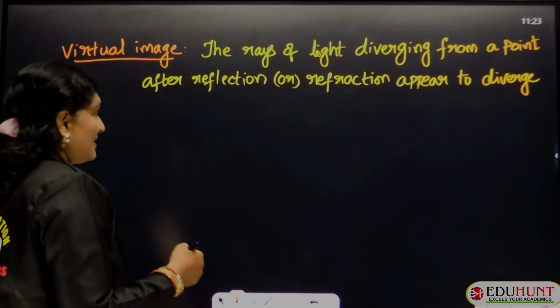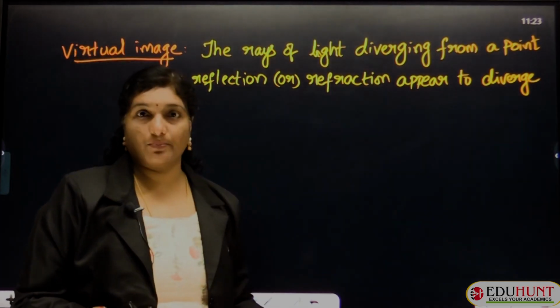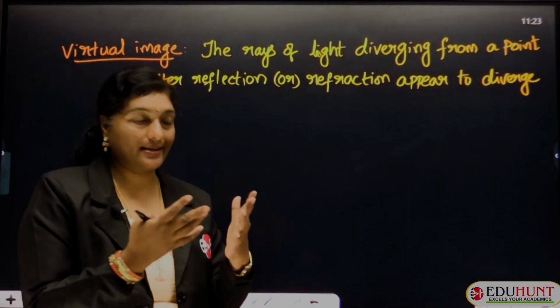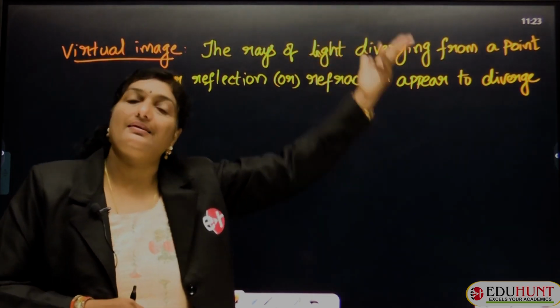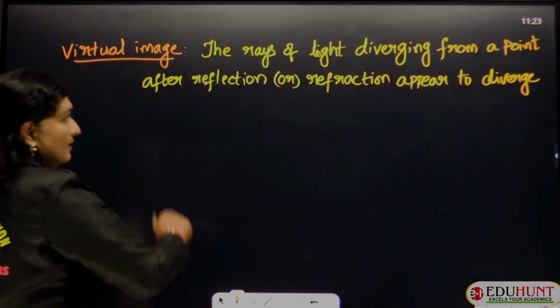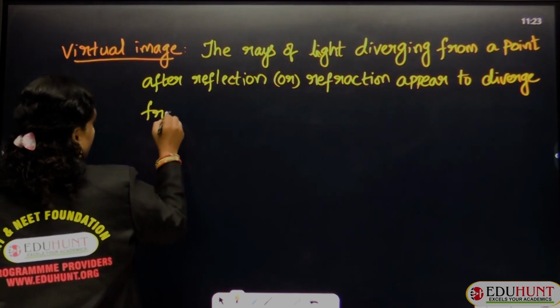So they actually diverge from one particular point, but they seem as if they are coming out from some other point. I'll draw the picture for that.